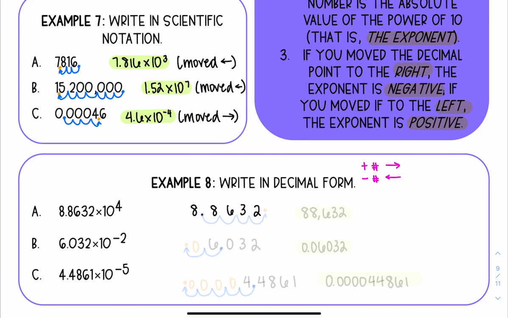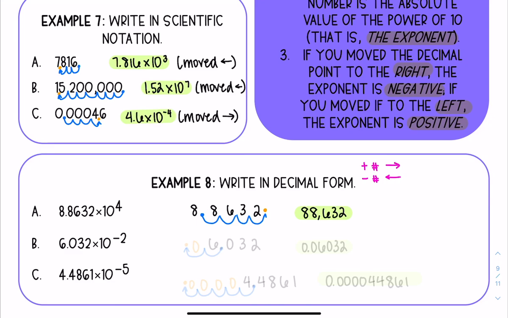So because I have a positive 4, I'm going to move it 4 spots to the right. 1, 2, 3, 4. And so my new number is 88,632. Let's try the second one.